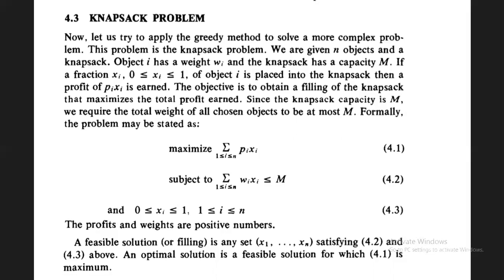It has its own profit. Now what is the remaining capacity of the bag? 10 minus 5, because the total capacity of the bag was 10 and you have already added 5 kg to the bag. The remaining capacity is 5.